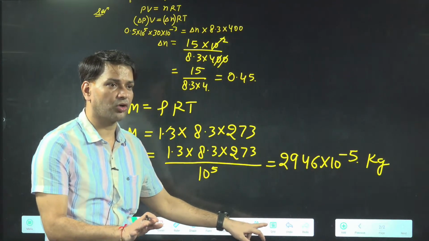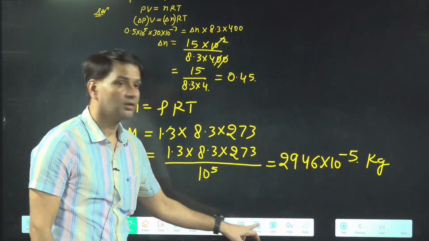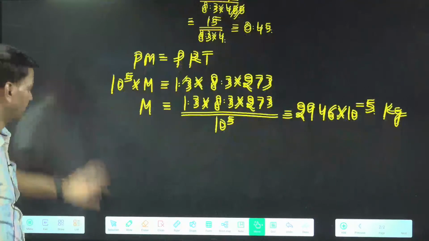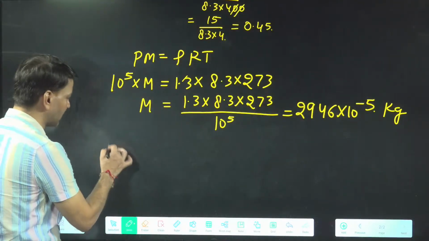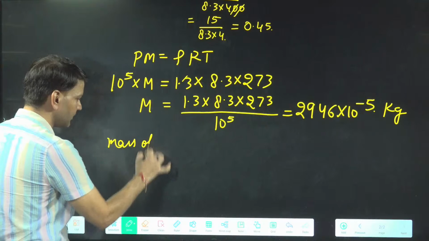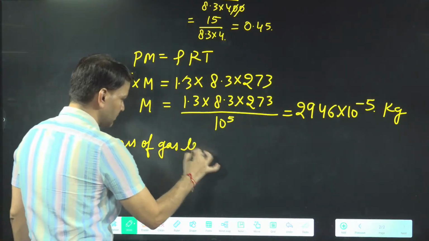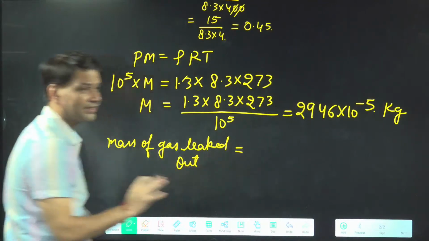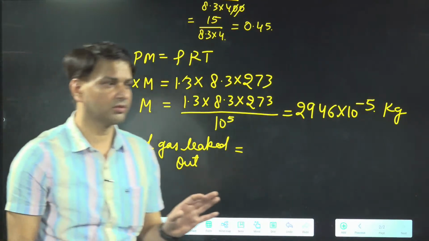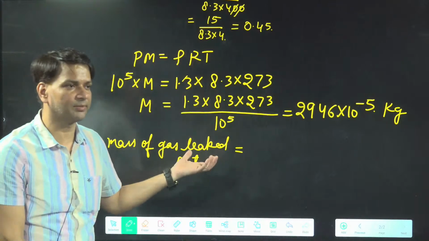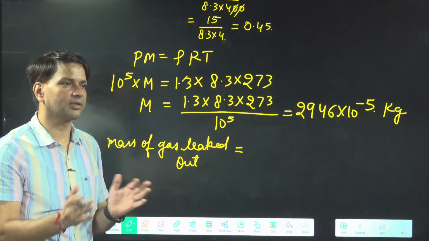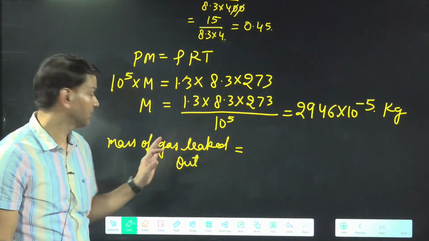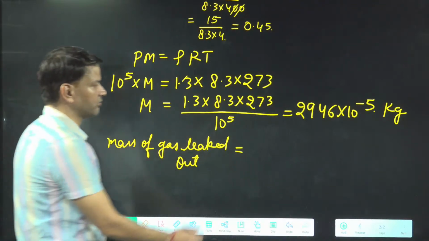Is everybody getting my point or not? Okay, now the molar mass I got, so I can find the mass of gas. In this there is a combination of two problems. This type of lengthy problem they will not give, but they can ask a part of the problem. So what is the mass of the gas leaked out?